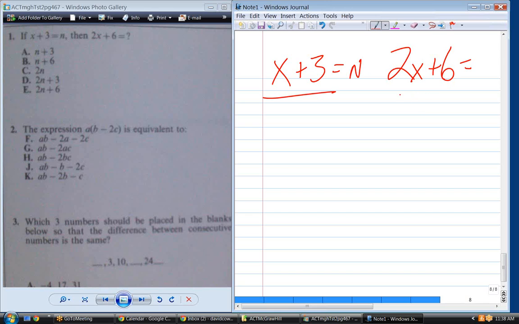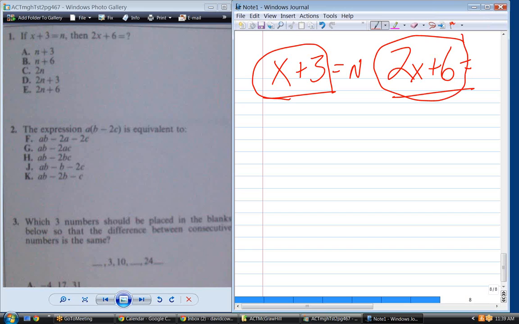Check the two relationships they're giving you. Is there any relationship between x plus 3 and 2x plus 6? Yeah. What is the relationship between them? No, what I'm saying is, what is the relationship between that and that?